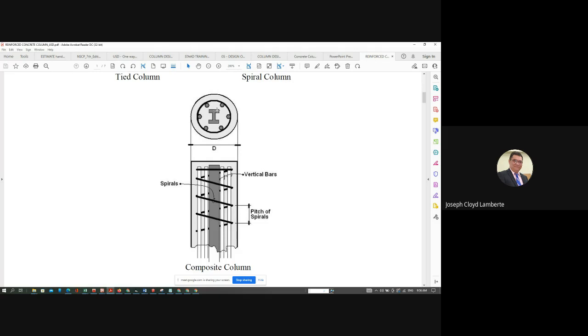Reinforced concrete is what confines it, meaning there are still longitudinal bars. You cannot just wrap your spiral directly without longitudinal bars. So there are still longitudinal bars, but this time they are not the primary reinforcement, but the steel shape inside. So it is called composite.